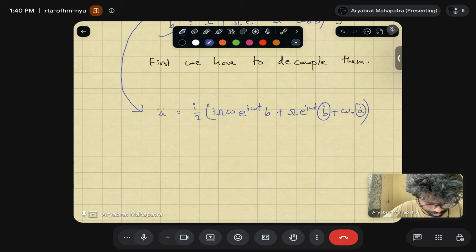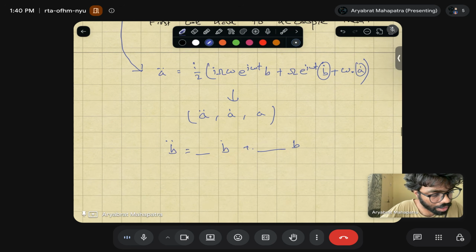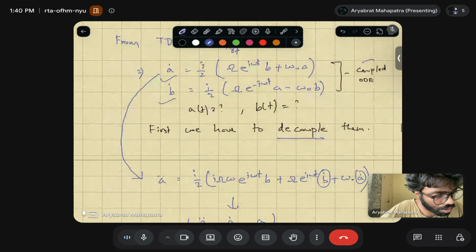I have to fully construct the differential equation consisting of A double dot, A dot, and A. In the same way, I also have to get an expression having only the B dependent variable, something with B dot and again something with B. That is what I mean by decoupling the coupled ordinary differential equations.